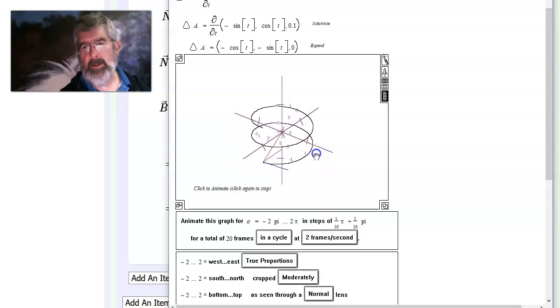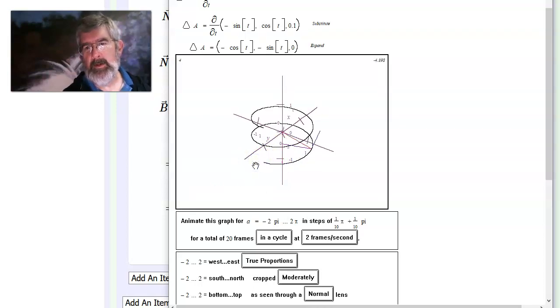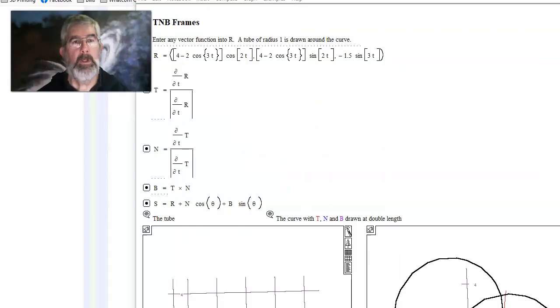But what I have drawn here in red is the position vector pointing out to here. The blue is the unit tangent vector, and the purple is the unit normal vector. And if I just click and let this animate, you can see it'll go around, and the blue vector is always tangent, the purple vector is always perpendicular to the curve.